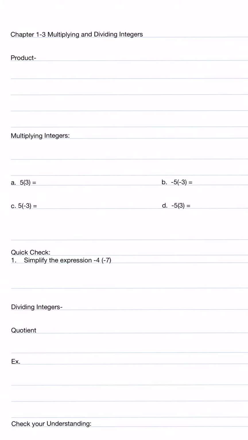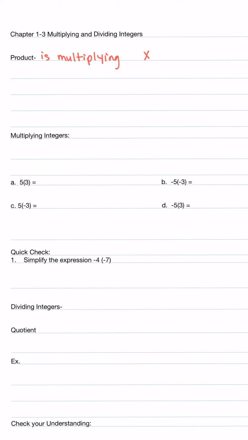Okay, so product is multiplying. It could be the actual times. It could be a number in parentheses next to another number.